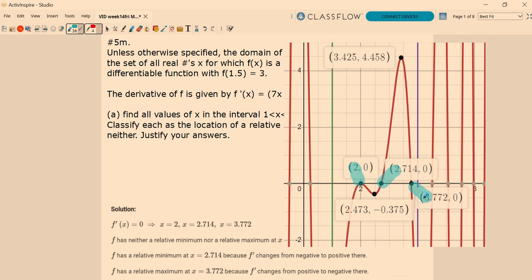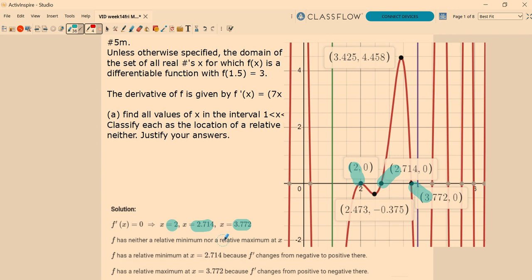Remember, critical values are where your first derivative is equal to 0 or undefined. There are no undefined points in between 1 and 4. You can see it's continuous, so we're just working with these 3 points.